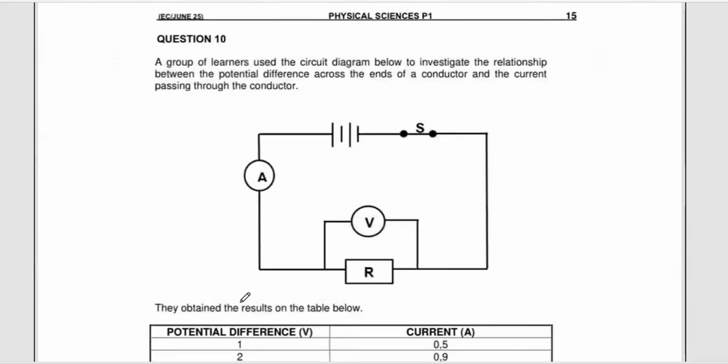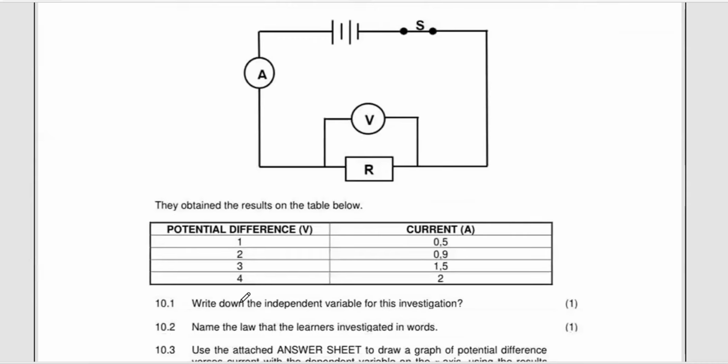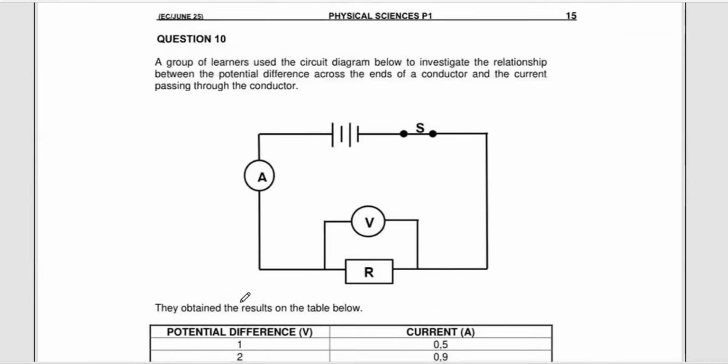All right, question number 10, which is the last one. They're telling us that a group of learners use the circuit diagram below to investigate the relationship between the potential difference across the ends of a conductor as well as the current that is passing through the conductor. The following results were obtained. Then they want us to write down the independent variable. What were the learners investigating? The relationship between the potential difference across the ends of a conductor and the current that is passing through it.